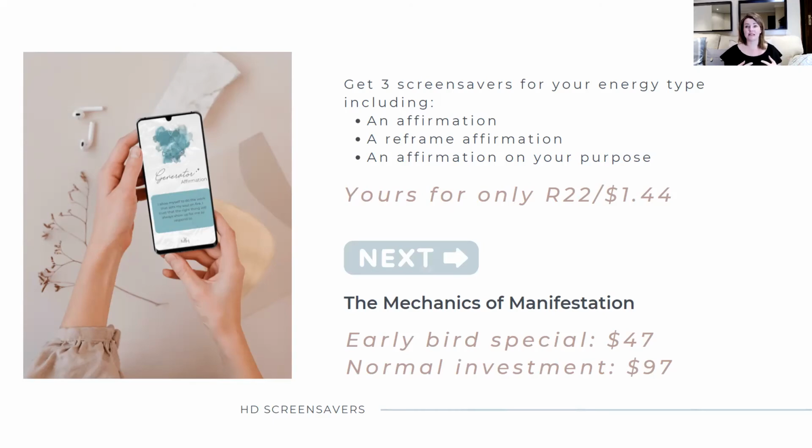I had this amazing download about 2 or 3 weeks ago. I made sure to write it all down. I don't think I'm going to tell you my secret just yet, but there's something I'm working on, and this download came at the perfect moment and gave me insights into how to manifest that I've never ever come across in my life before. And I've been studying manifestation since I was like 16. So I'm very, very excited to share that with you.